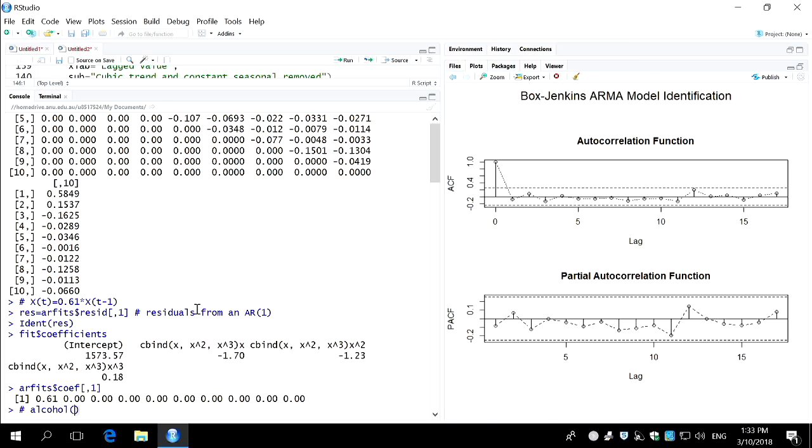Alcohol at time t equals, all right, here we go. 1573, I'm going to leave off what's after the decimal point, minus 1.7 times time minus 1982. Remember we centred time. Minus 1.23 times time minus 1982 squared, right? Plus 0.18. Where's the seasonal stuff?